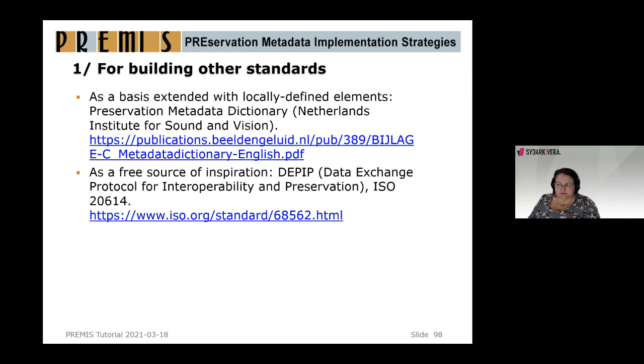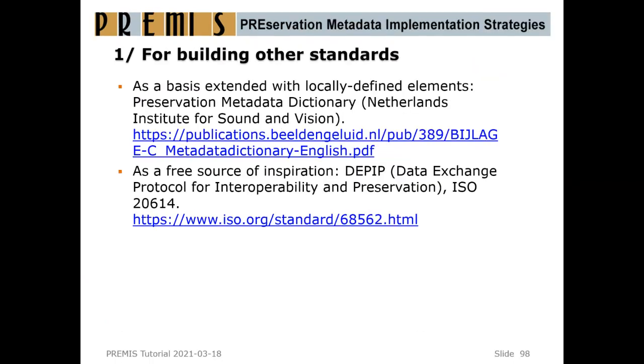Also, if you look into the PIP, or however they are pronouncing that acronym, the ISO standard for the data exchange protocol for interoperability and preservation, you can see that they have been inspired by PREMIS, but they don't take the leap and just use PREMIS. They have written something on their own, but you can totally see that it's inspiration.